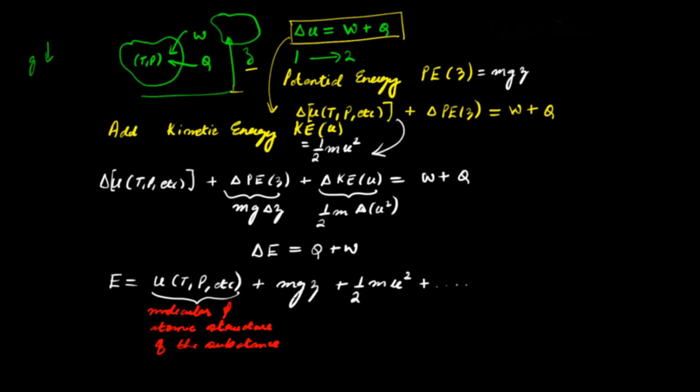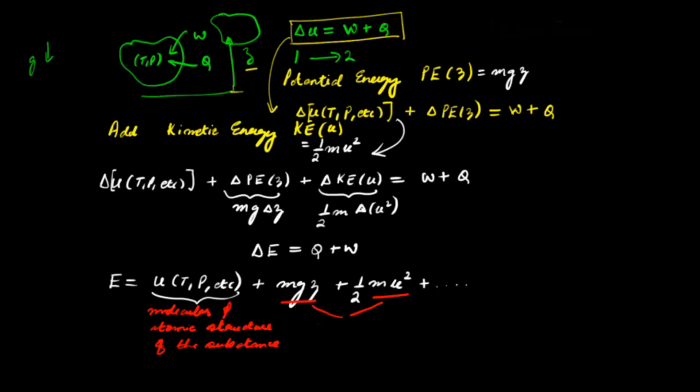whereas these forms, that is the potential energy and the kinetic energy, can be described in terms of the macroscopic properties, and these are the forms of energy that are known outside the domain of thermodynamics. So even from mechanics, we know that the potential energy function and the kinetic energy function can be written as these.